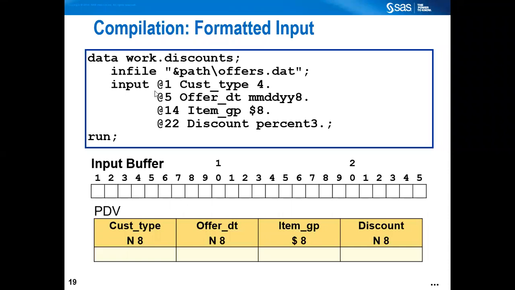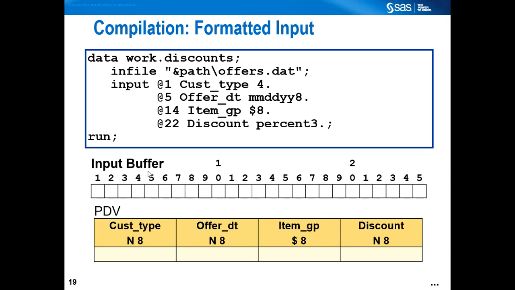So now when you submit this data step, at the back end, during compilation, when SAS is in compilation mode, it will read your data statement. Because of infile, it is going to read the path where your raw file is. And because of this infile statement, it will create a logical area, also termed the input buffer.